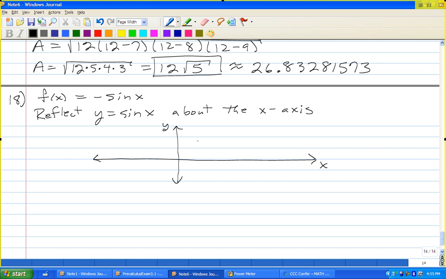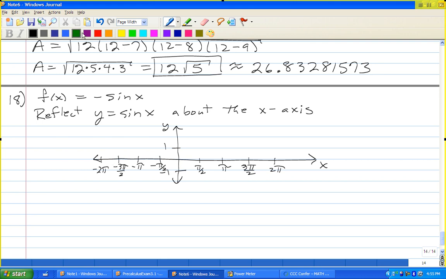Okay, so let's say that that's 1. Pi over 2, pi, 3 pi over 2, 2 pi.